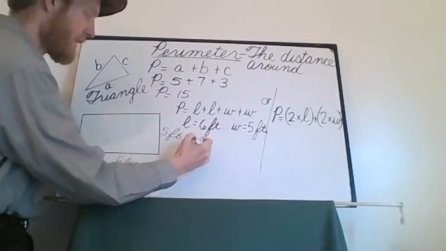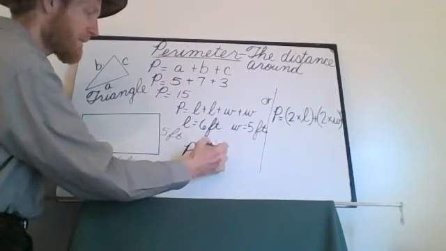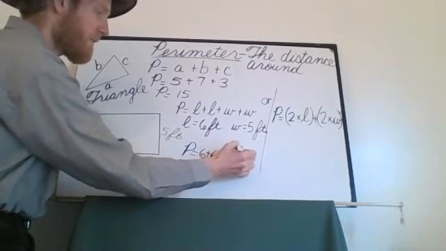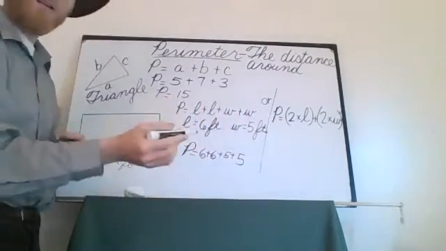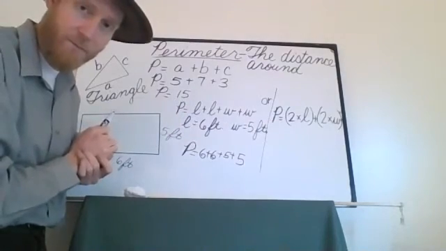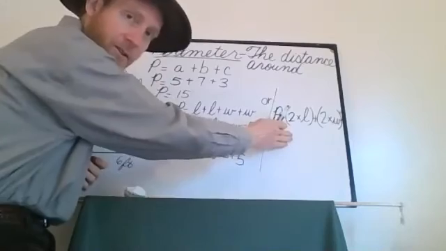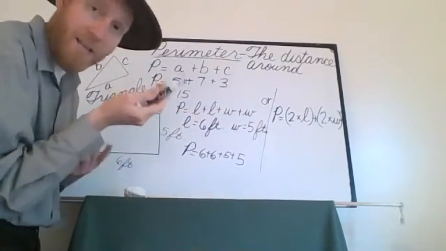And we could simply go P equals 6 plus 6 plus 5 plus 5. Now, if you're using this formula, which I believe is probably the better formula for a rectangle, as your numbers get bigger, this one's going to be better to use. But either one for now you may use to get the answer.